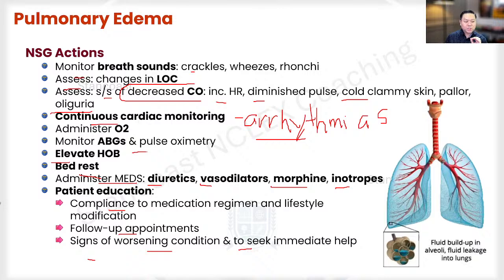We want to make sure that we are emphasizing adherence to the medication regimen, also lifestyle modification, and making sure that they show up for their regular follow-up appointments, and also that they are able to recognize those manifestations that will signal them that there is an ongoing problem or any complications that might arise. So make sure that they're able to identify these so they can notify their medical provider.